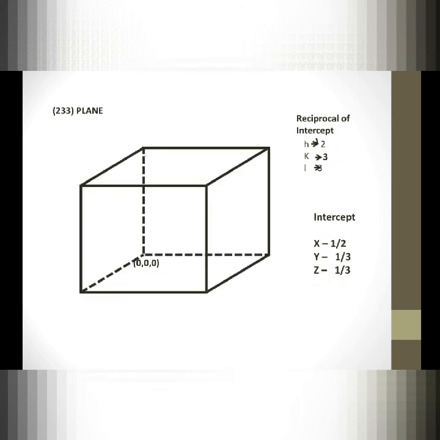So draw a unit cube and take this point as the origin, and put these values and just point out those intercepts, that is x is equal to half, y is equal to 1 by 3. This is just arbitrarily taken, not to scale. And z is equal to 1 by 3.